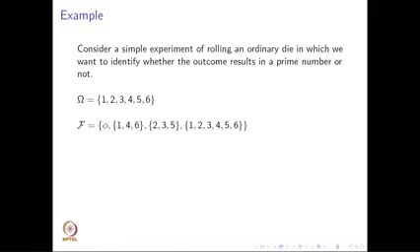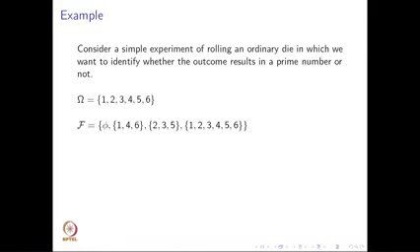Note that since the sample space is finite, we might as well consider all possible events, that is, the power set of the sample space. However, the problem dictates that we are only interested in 2 possible events, that is, whether the outcome is prime or not. Thus, restricting ourselves to these 2 events, we can construct a simpler sigma algebra. Here we have 2 events which correspond to the events we are interested in, and the remaining 2 events follow from the properties which the sigma algebra has to follow.